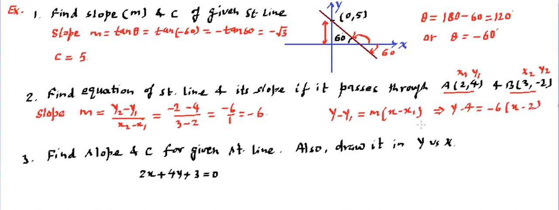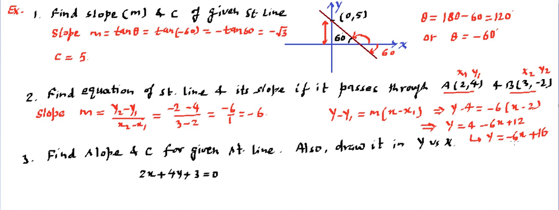Now you can rewrite this in a form so that it becomes a linear expression. So this can be written as y is equal to 4, which goes to that side as plus 4, minus 6x plus 12. So finally you get the expression y is equal to minus 6x plus 16. That becomes the answer, the equation of the straight line, written in the format y equal to mx plus c.